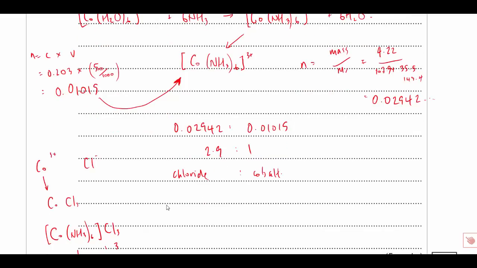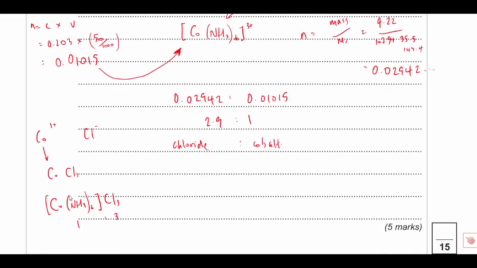The first one could be that not all of the cobalt 2+ was oxidized, or oxidation incomplete makes that a lot easier. That's one reason, which is valid. The other one could be some substitution took place.